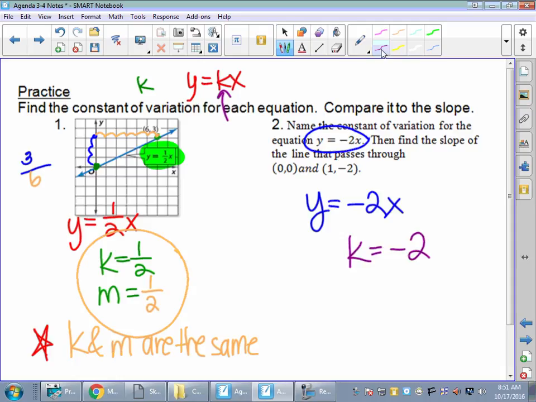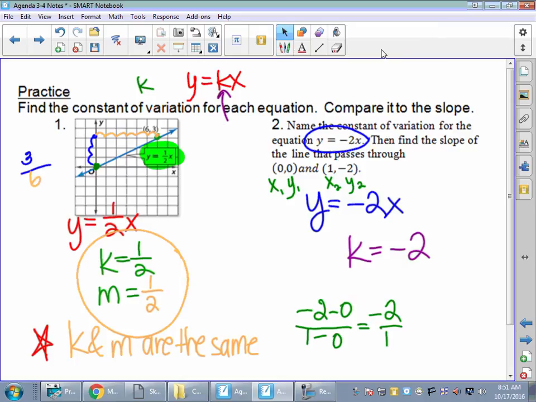Are you going to try to cheat your way through this, or are you going to find the slope using your slope formula? x1, y1 and x2, y2. So I'm going to do y2 minus y1 over x2 minus x1. -2 over 1. What's -2 over 1 simplify down to? -2. So k and m are the same.